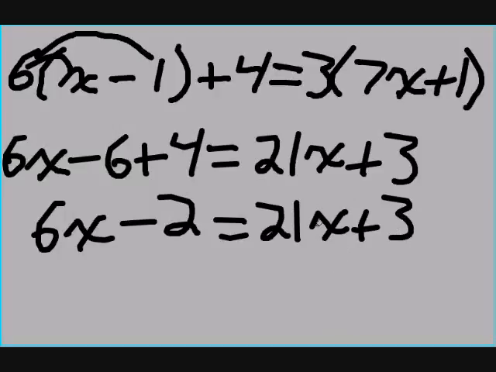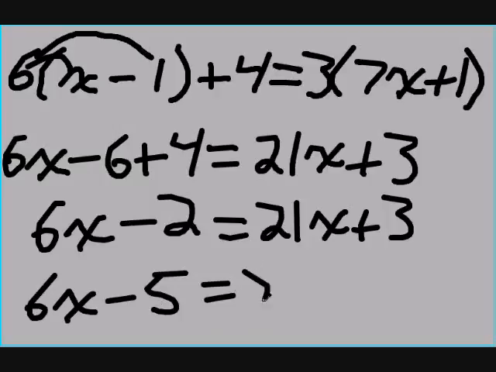Now we move things to the proper side. I'm going to move this 3 over. Let's subtract 3 from both sides, in which case I get 6x minus 5 equals 21x. All I did was subtract 3 from the left, which cancels, and subtract 3 from the right, and I get minus 5. Now, I'm going to subtract the 6x from both sides.